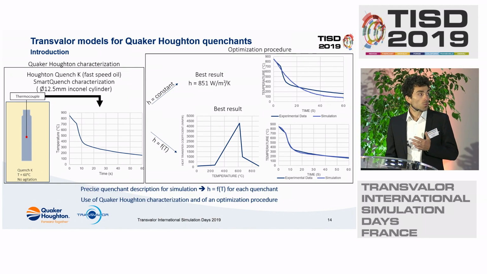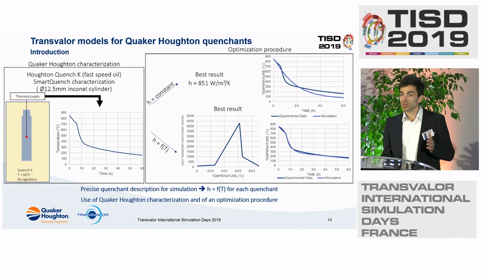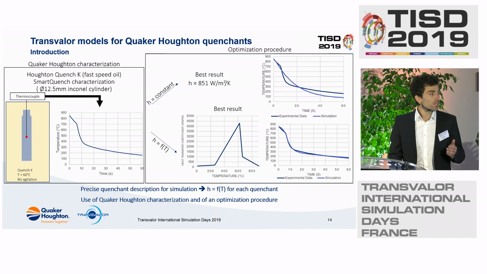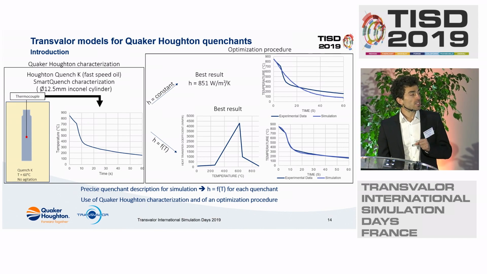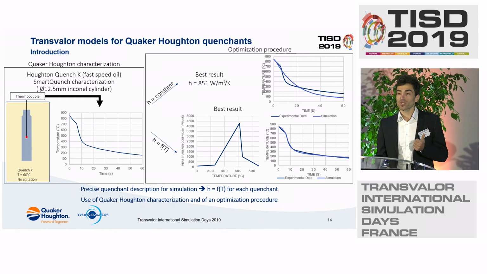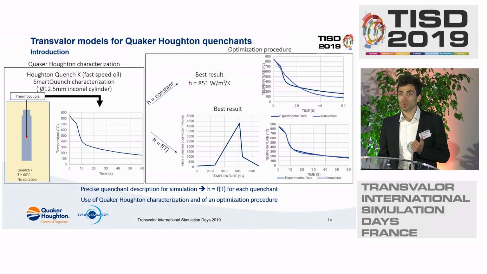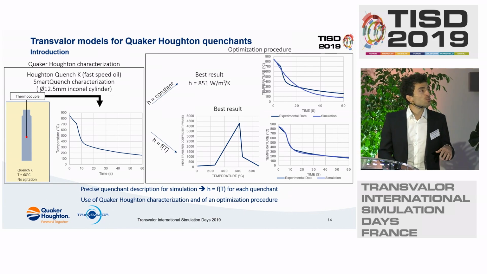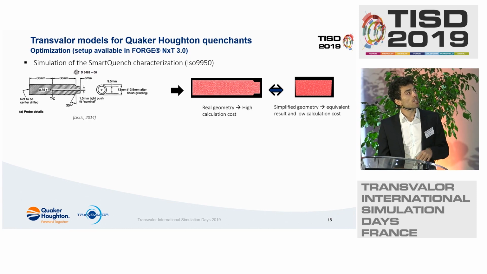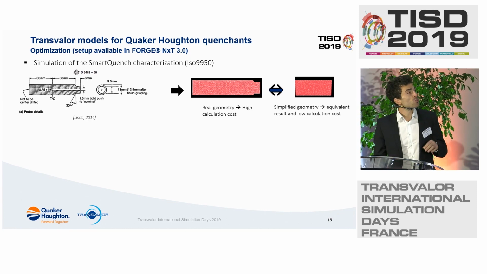So we see here two things. First, that we need some description function of the surface temperature to have accurate results. And second, we need first one characterization, experimental characterization, and an optimization procedure. So you saw before the characterization part, I will slightly detail the optimization procedure.